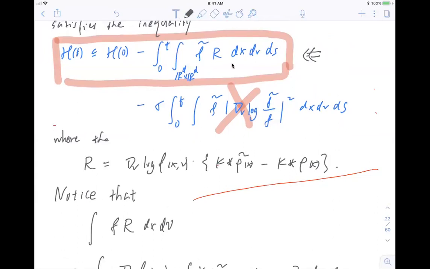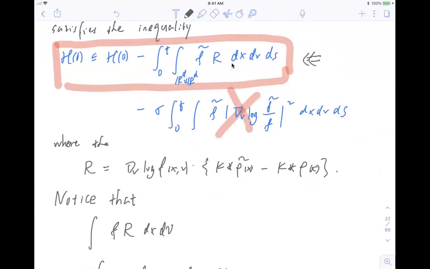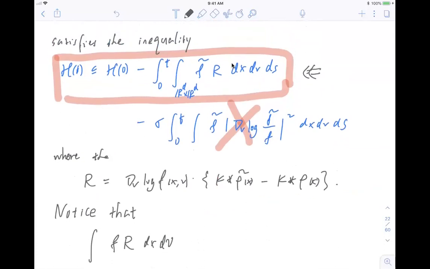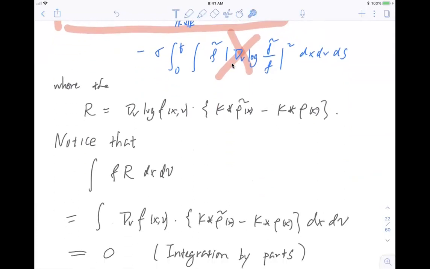So a very easy, almost trivial observation is the following. If we change this F tilde to be F, and we compute the integral here, for simplicity, integrating from R^d to R^d.